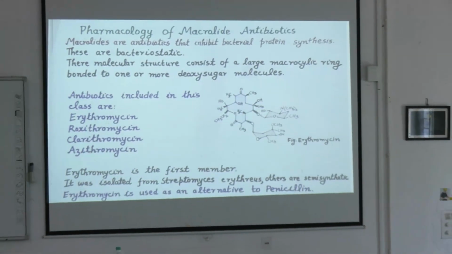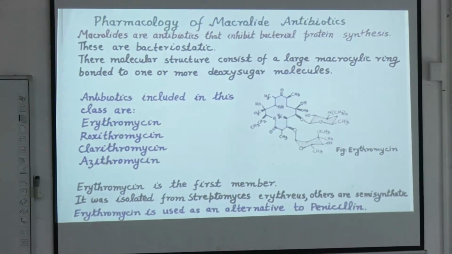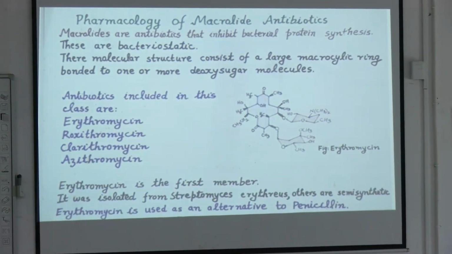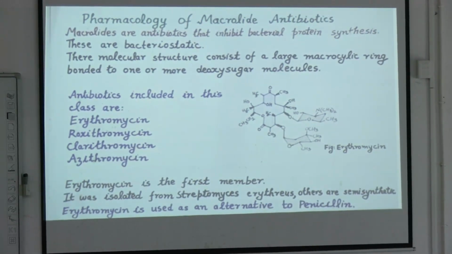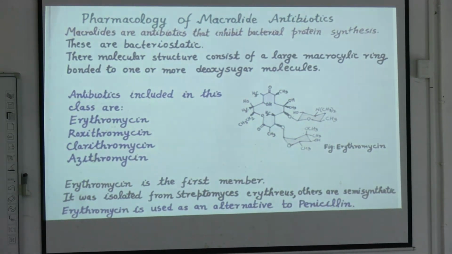So you have two groups. In antibiotics, broadly you can classify into two: bactericidal and bacteriostatic. Bactericidal ones simply destroy the bacterial cell, they kill the bacteria. And bacteriostatic ones inhibit the growth of bacteria and thus help the body to overcome the infection. Rapid growth and colonization of bacteria is prevented by inhibiting bacterial growth, that is bacteriostatic.